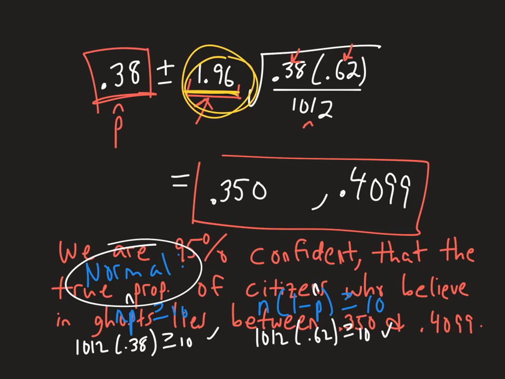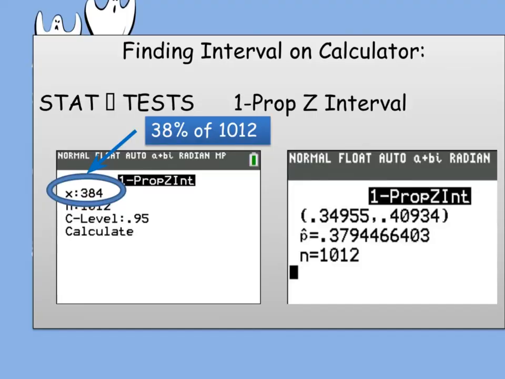Okay, one last thing, these can be done on your calculator too, so I just want to show you that step. If you go into stat over to tests, same place where we did the 1 proportion z test, you will see farther down in the list there is a 1 proportion z interval. Make sure you find the right one, there's a lot of different tests in here.